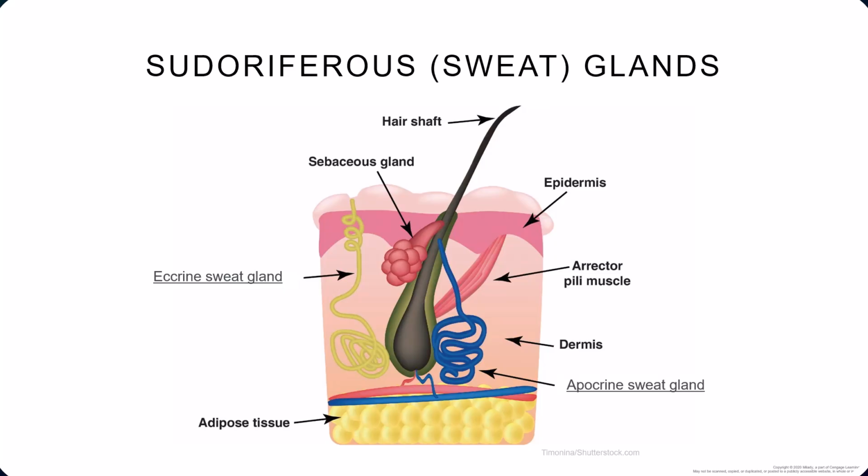Eccrine glands are found all over the body, but are primarily on the forehead, palms of the hands, and soles of the feet. So places that seem to get a little bit more sweaty when you're working out, for instance, or if you get nervous. And secretions of sweat are released directly on the skin surface through a duct or a pore. So they're not connected to any hair follicles.